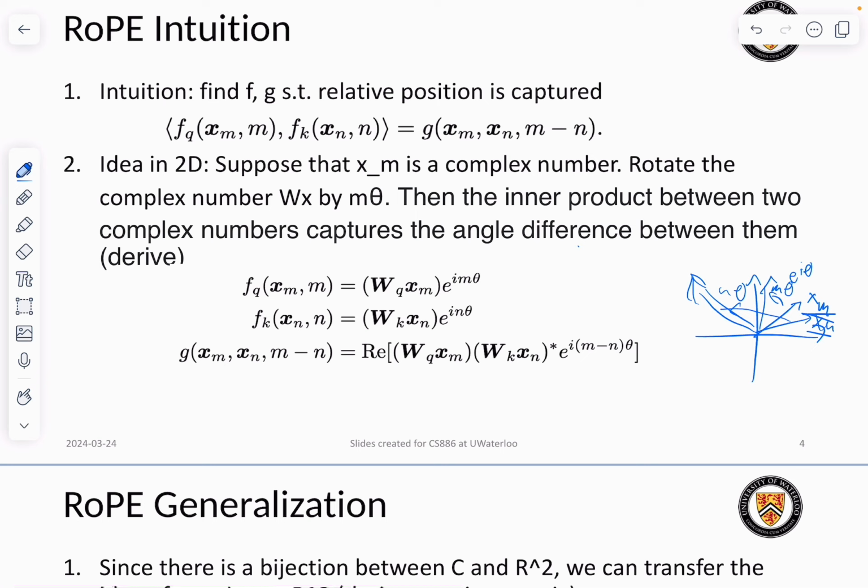And what that really means is that we're not rotating x_m anymore; we're rotating q_m and q_n, and k_m and k_n. So when we take the dot product, it is basically going to be small.